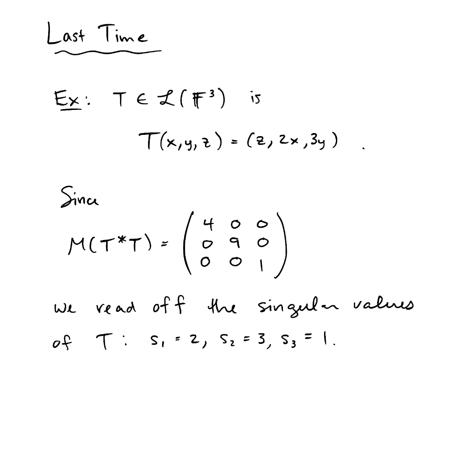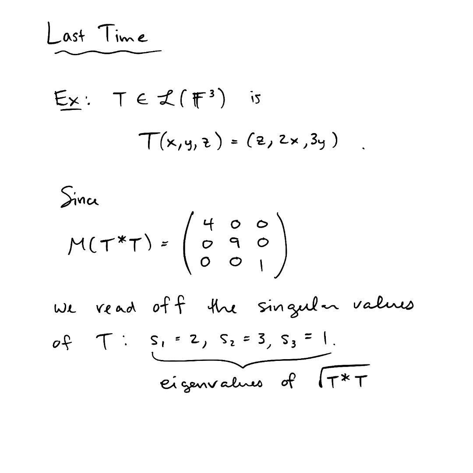Alternatively, these are the eigenvalues of the unique positive square root of T star T. So these are the eigenvalues of root T star T. For that radical notation there for the square root, it's just pixels on a screen, and that symbol stands for the unique positive square root of the positive operator T star T.